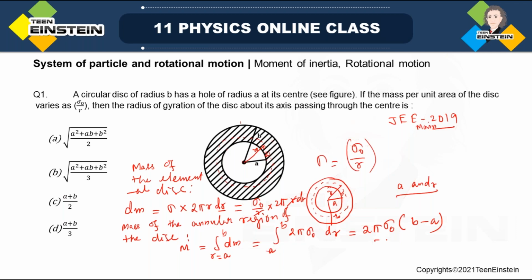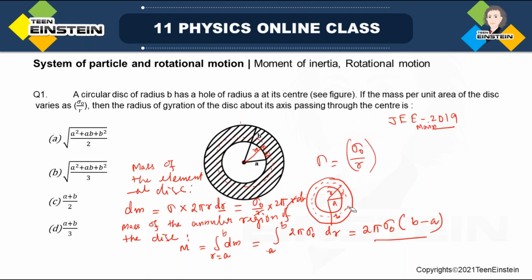So this is the mass: 2 pi sigma naught into b minus a.